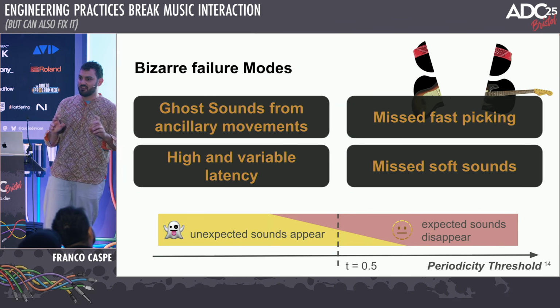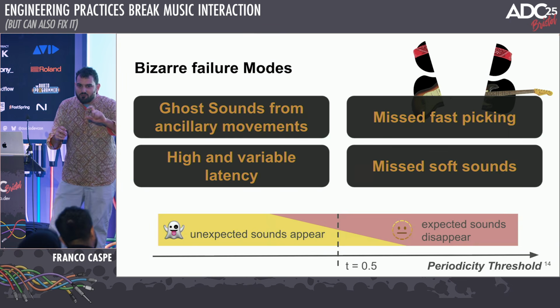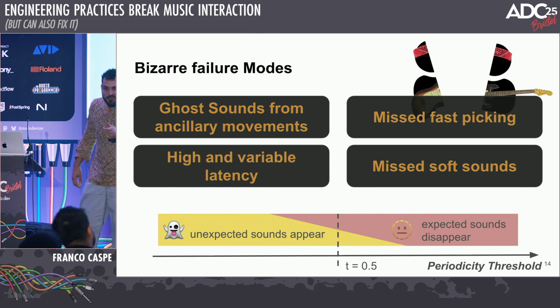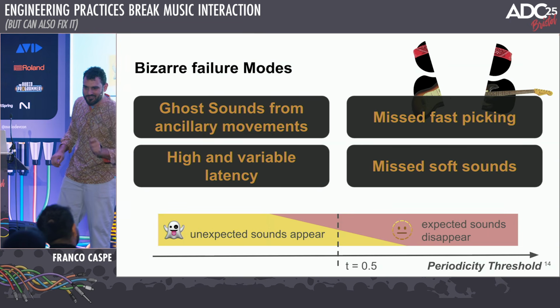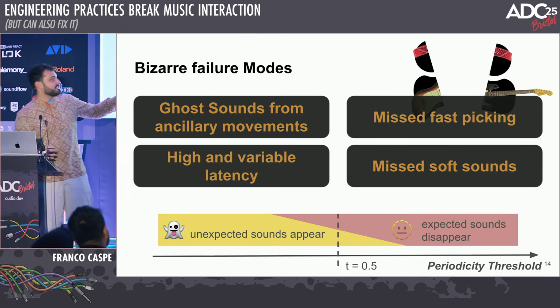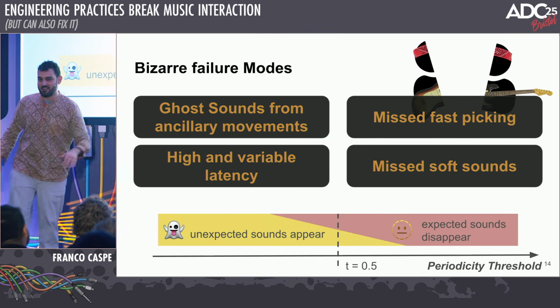I don't know if you're familiar with the YIN algorithm or other newer fundamental frequency trackers, but pretty much you have this periodicity threshold, right? And it feels that if you were able to adjust it, then you can find the right solution so that it works great. It does not. Because the problems happen in a different dimension.